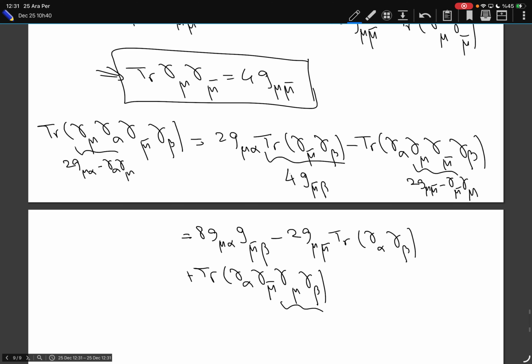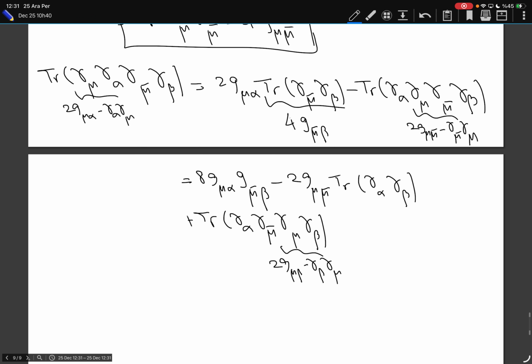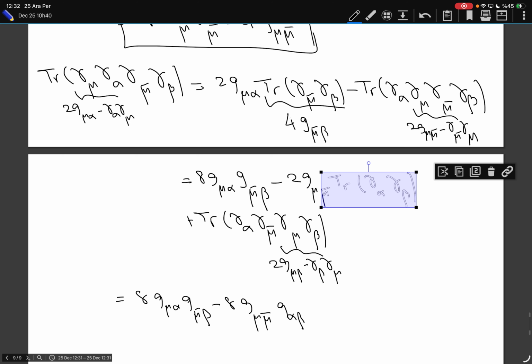Again, the same trick. This is twice g mu beta minus gamma beta, gamma mu. So this is equal to 8 g mu alpha, g mu bar beta minus 8 g mu bar, g alpha beta. I use the trace of the product of two gamma matrices.